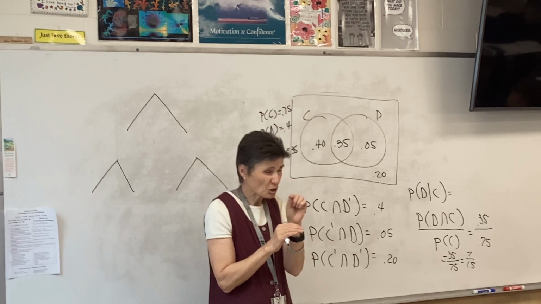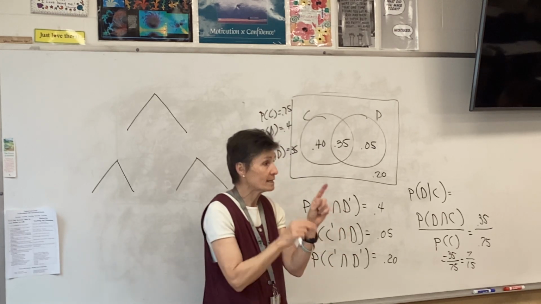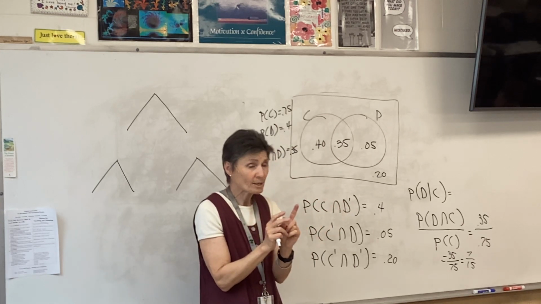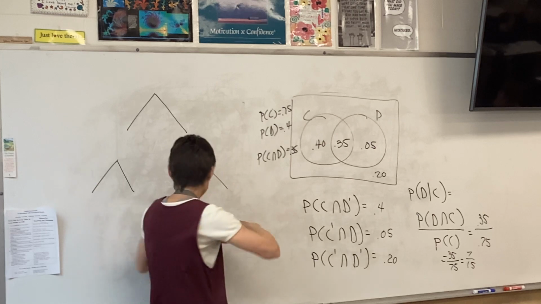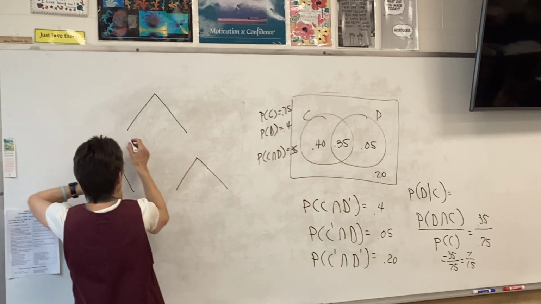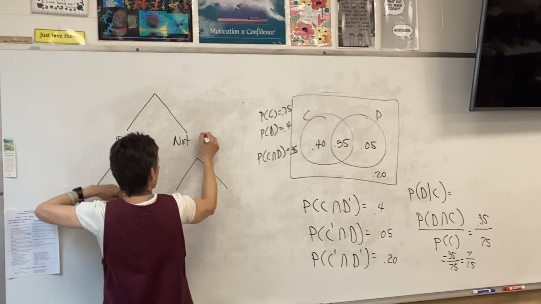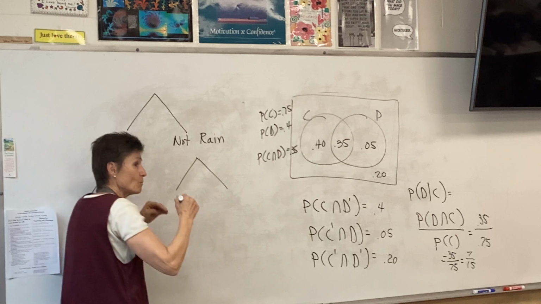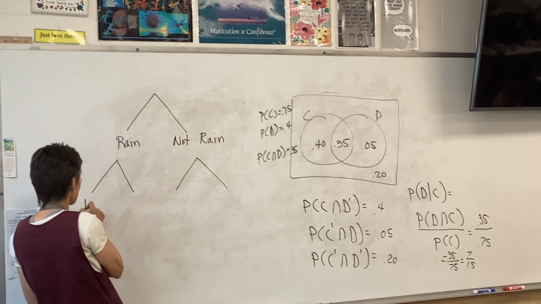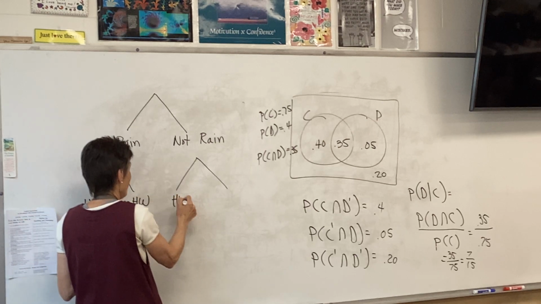Whatever the question is, and the question is ultimately probability of doing homework, goes on the bottom of the tree. So this is going to be rain and not rain. Whatever the question is, goes on the bottom. So the bottom is going to be homework and no homework.